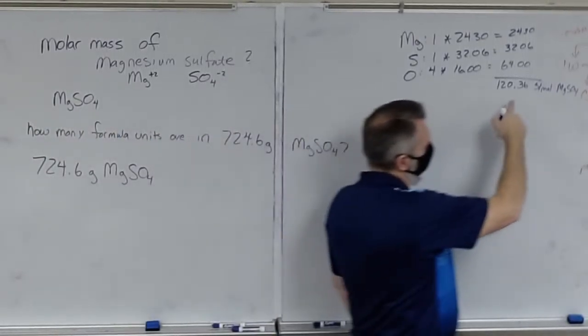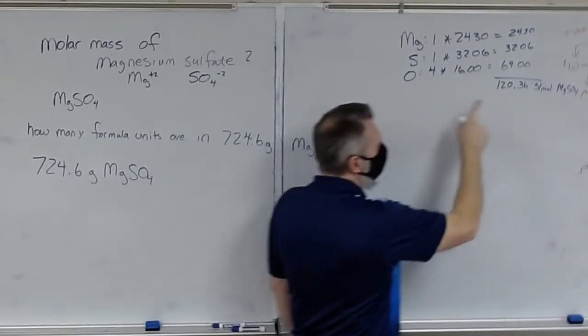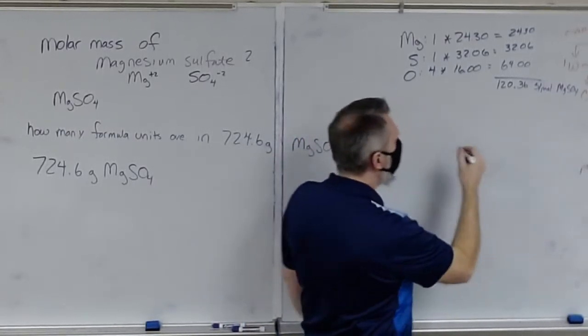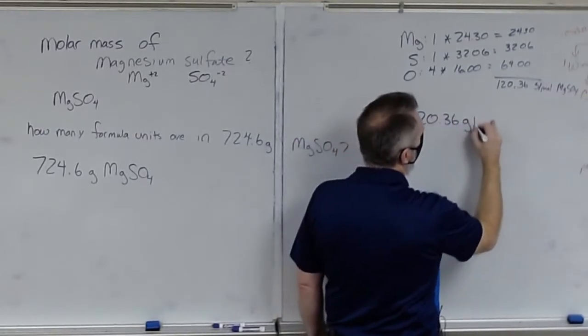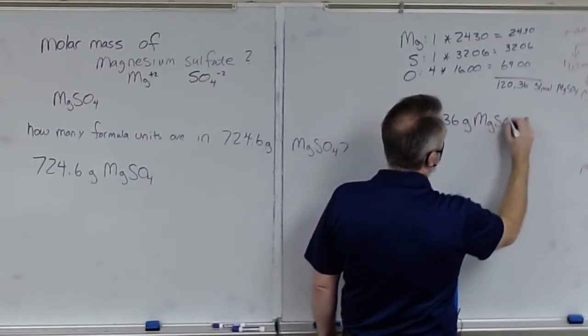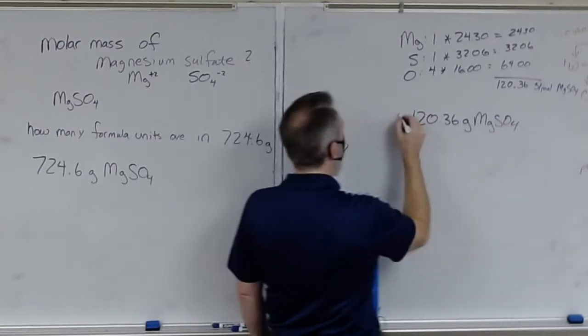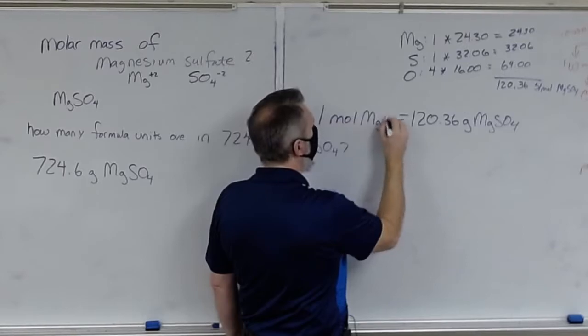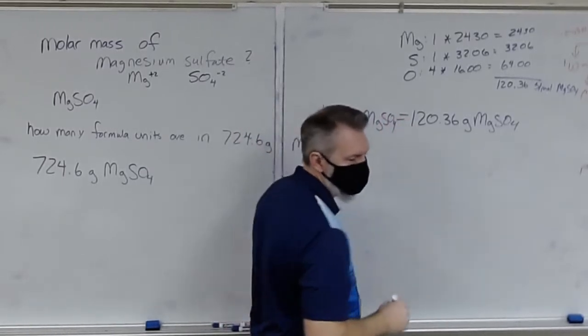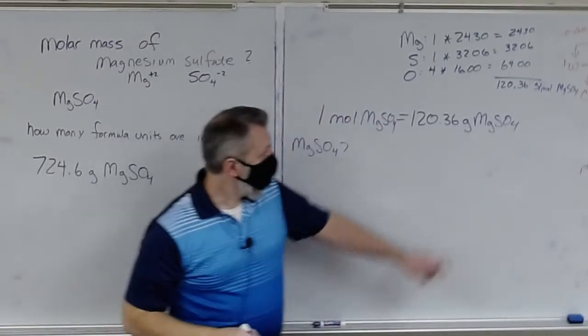This is a conversion factor. What this says is that 120.36 grams of MgSO4 is 1 mole of MgSO4. That's what this means.